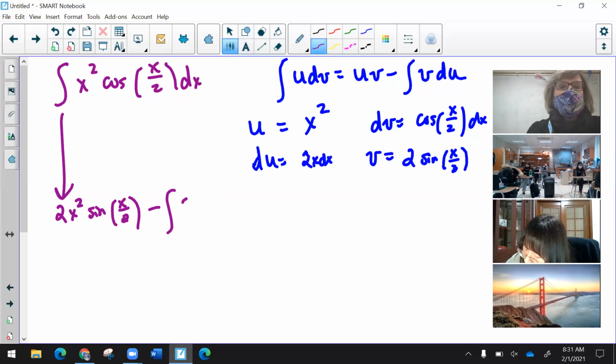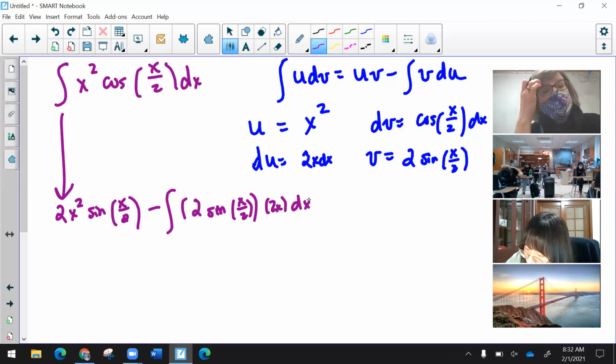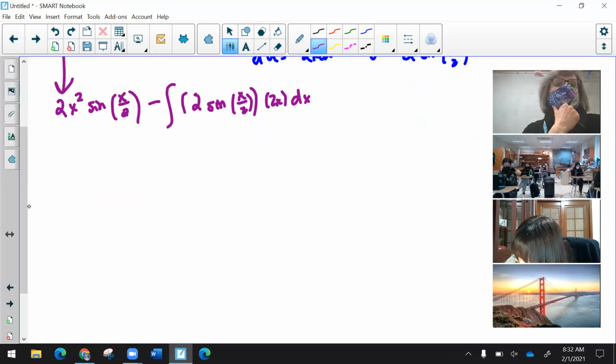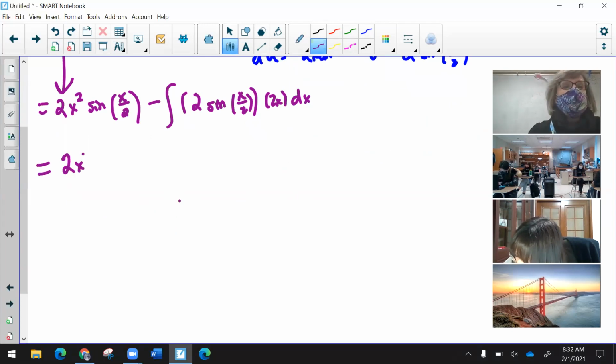It's going to be the integral of 2 sine x over 2 times 2x dx. So I'm just going to clean up my 2's over here and bring them outside the integral.